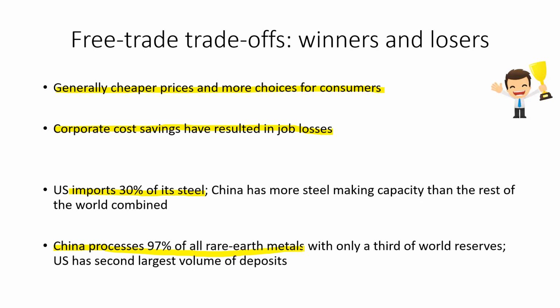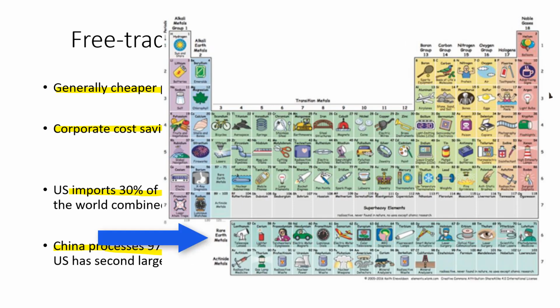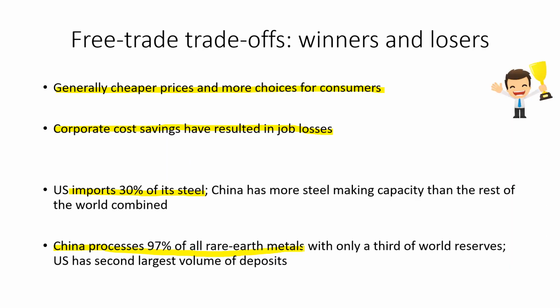Now, these are the very rare metals at the bottom of the chemistry chart, and in some cases these are very powerful magnets, very useful minerals and metals used in electronics, satellites, computers, and cell phone technology, smartphones.